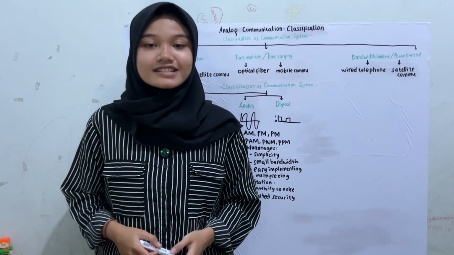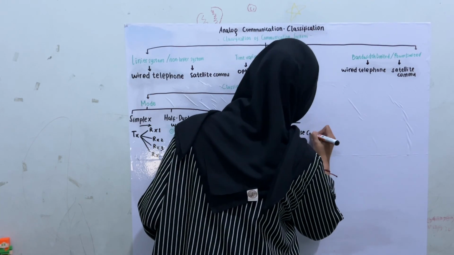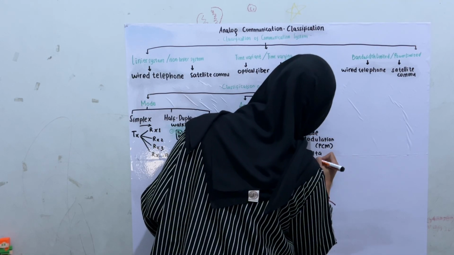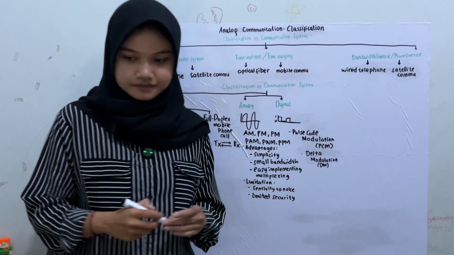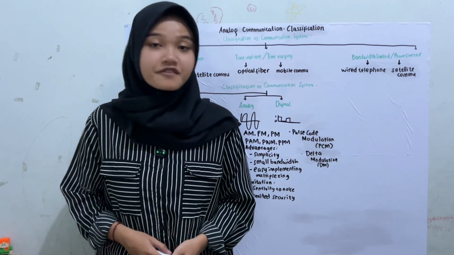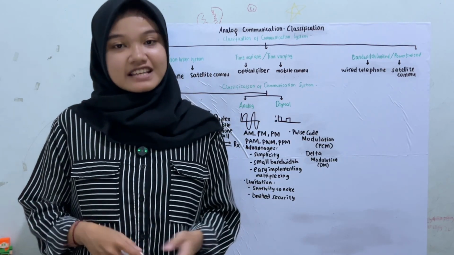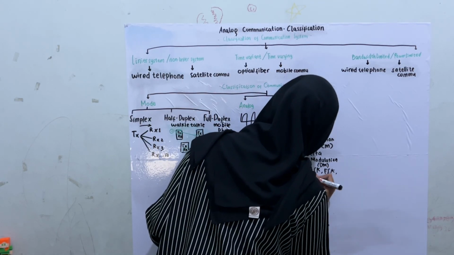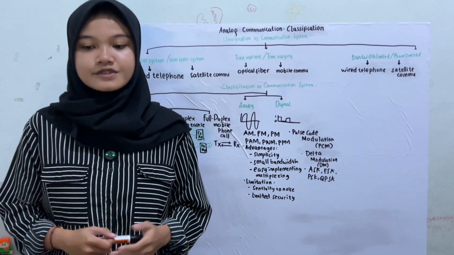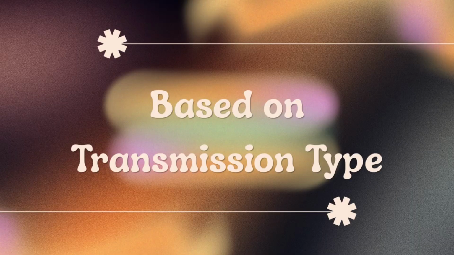Several digital communication techniques include pulse code modulation, delta modulation, and digital modulation methods such as amplitude shift keying, frequency shift keying, phase shift keying, and quadrature phase shift keying. These techniques allow digital systems to transmit information accurately over long distances.